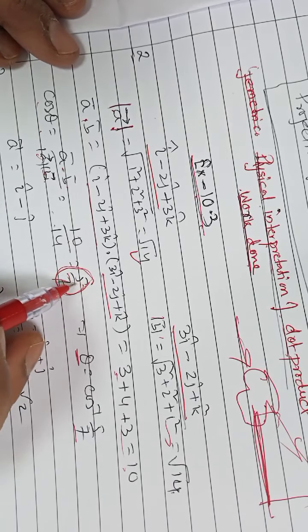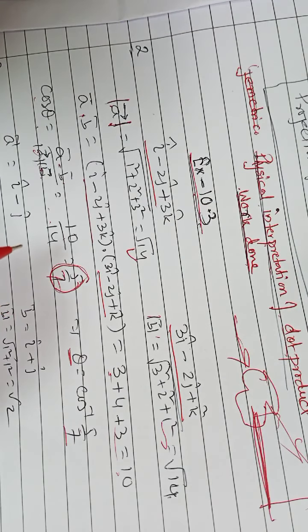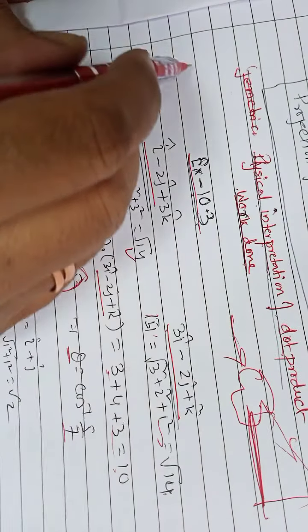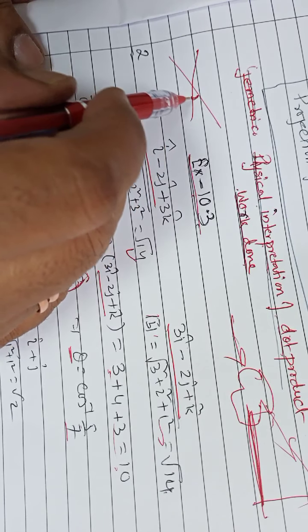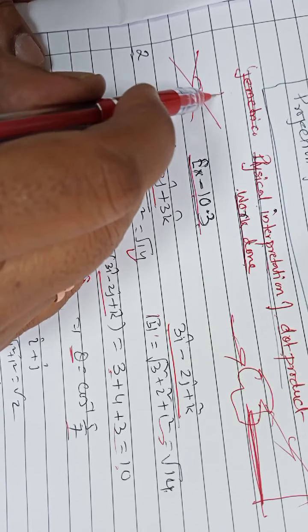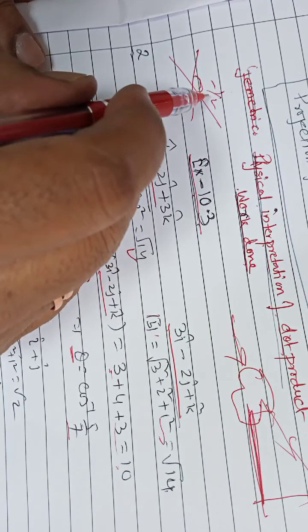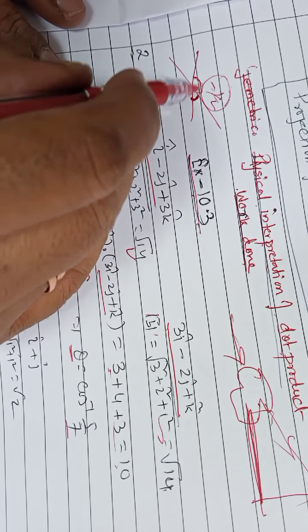This value should be 1 or less than 1, it cannot be more than 1. Also, the angle between two lines or between vectors, we always take as the acute angle. Suppose cos theta comes negative half, this is cos 120 degree, but we will take 60 degree, not 120.